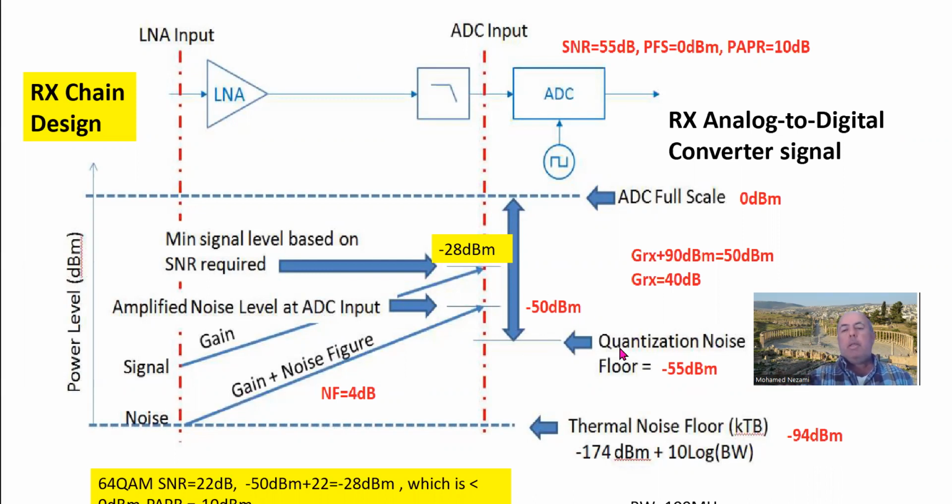But in this case, just to simplify the math, I said, let me try to bring the minus 90 dBm noise floor of my system to minus 50 dBm, which is 5 dB above the quantization level. So that's basically saying that my receiver gain in the front end, plus the minus 90 dBm, should equal minus 50 dBm.